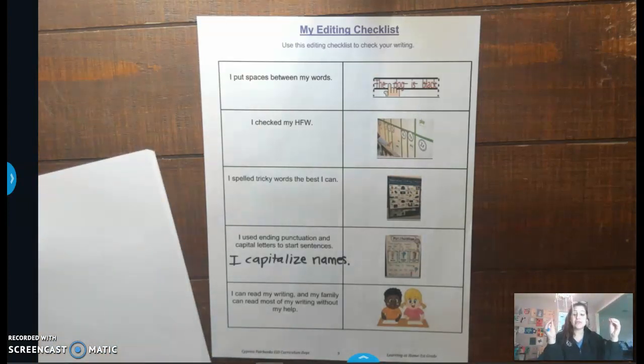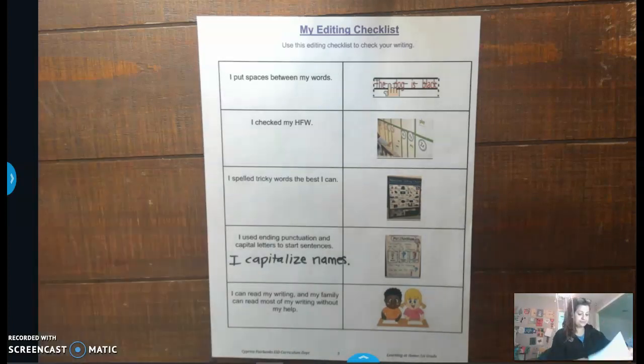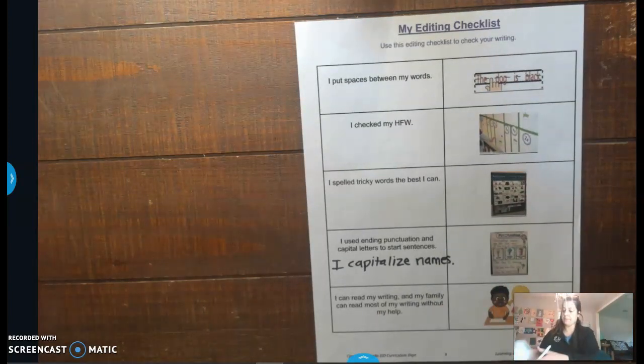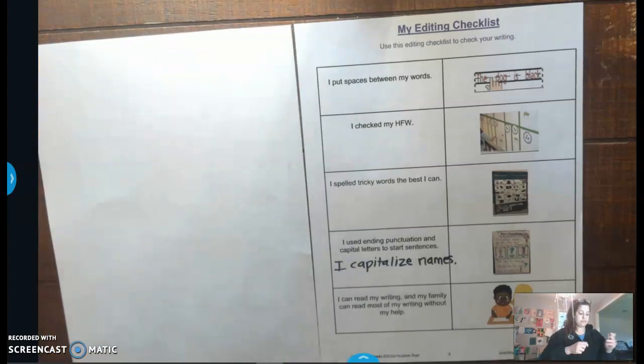Stretch out those words. Let's use the word splashing. So let's say we don't know the word splashing. Say the word splashing with me. Splashing. Let's stretch it out. Splashing. I hear lots of chunks in that word.